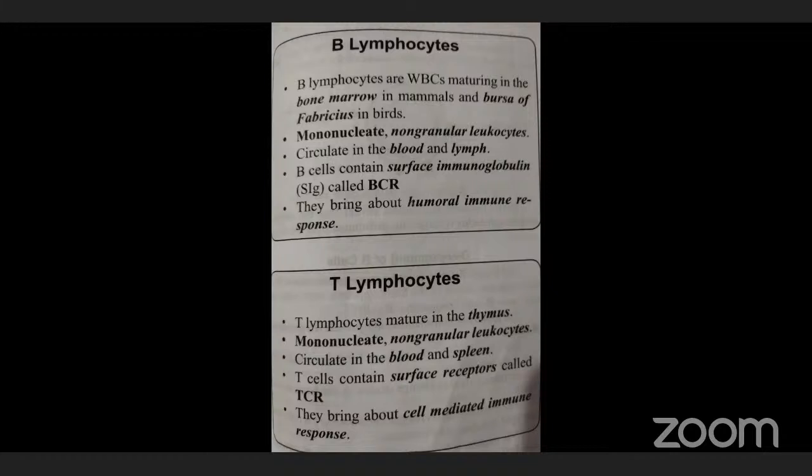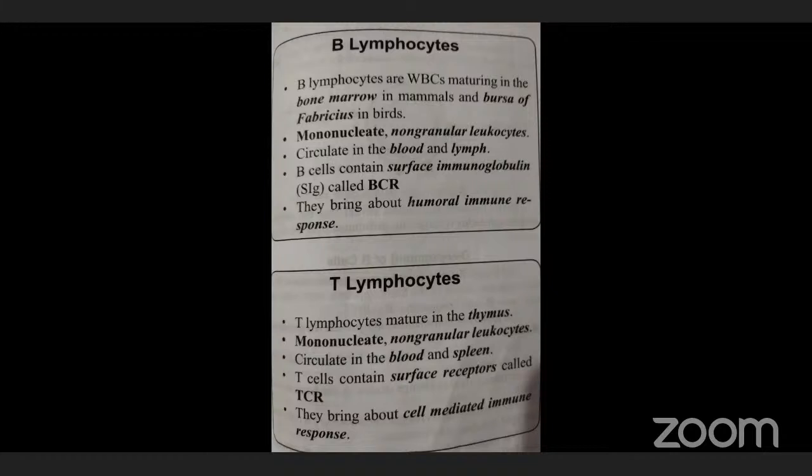Natural killer cells are differentiated and matured in the bone marrow, lymph nodes, spleen, and thymus. After maturation, they enter and circulate throughout the body. The natural killer cells are components of both innate and adaptive immunity. That is also important. Those are the important points.